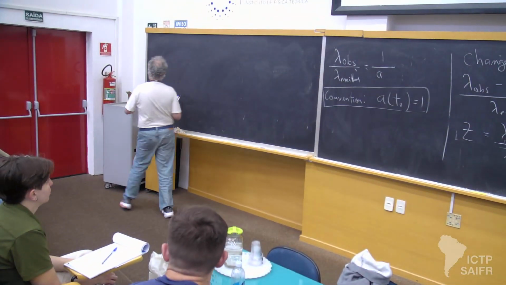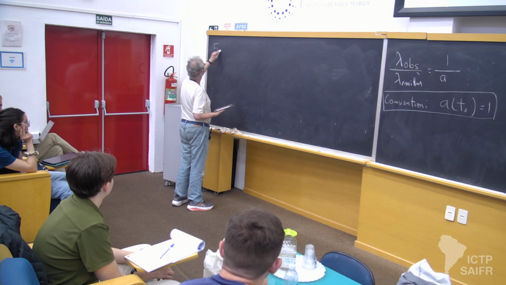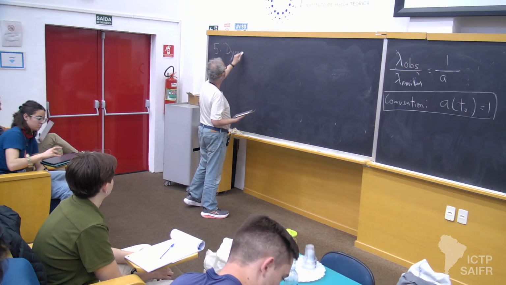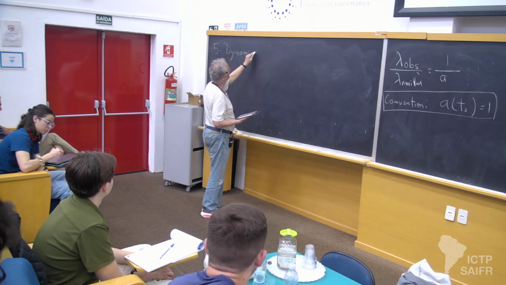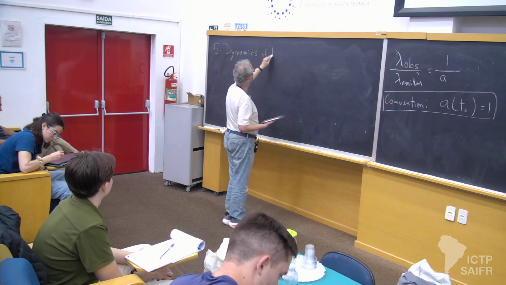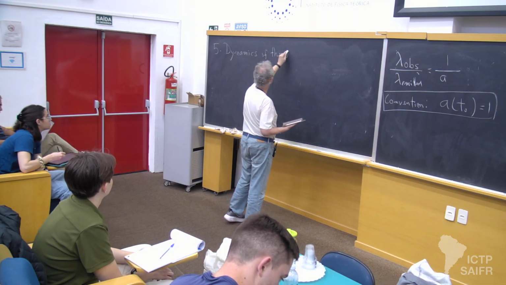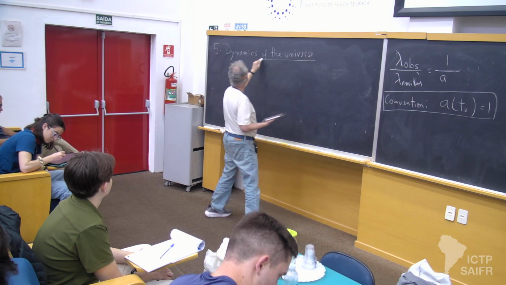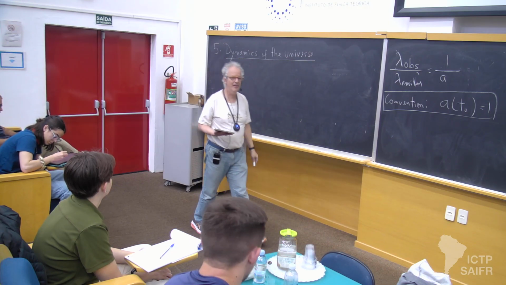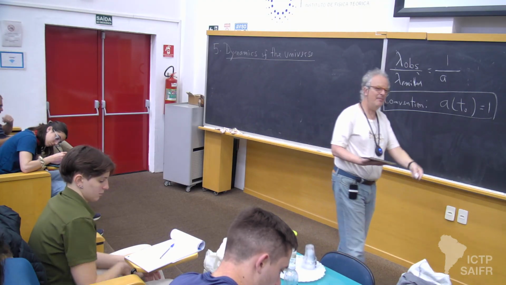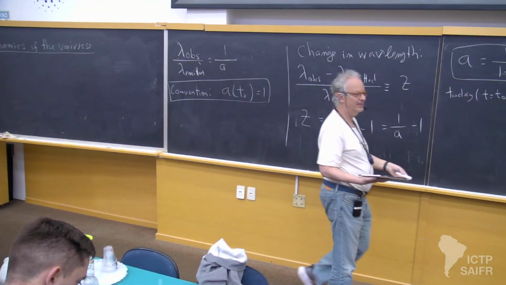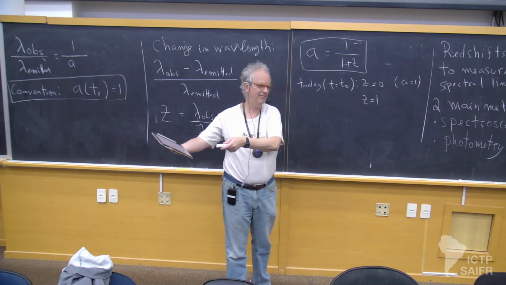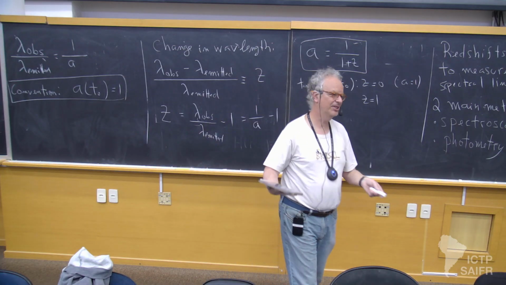So now we talk about dynamics. What controls the dynamics of the universe? Dynamics in Newtonian physics is this, right? You give the equations of motion, and if you have initial conditions, you know what's going to happen in the future.